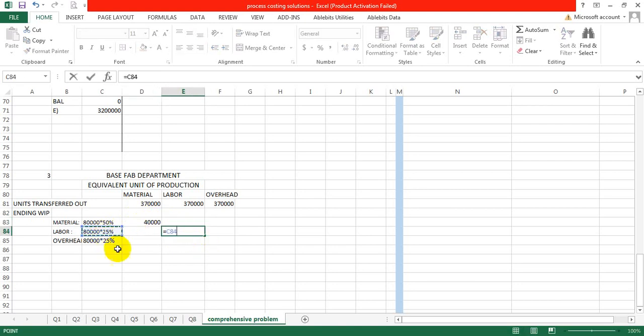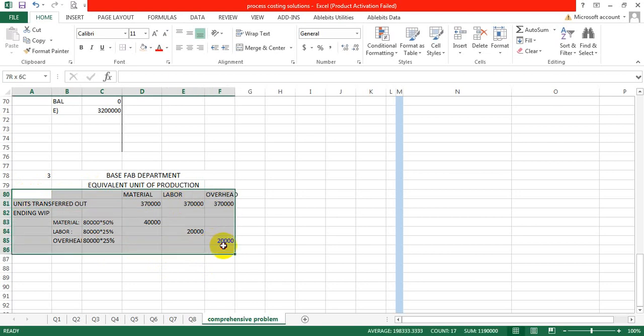80,000 multiplied by 25%, right? Okay, 80,000 multiplied by 25%, again same value, 20,000, right? Okay, add these values, sum these values.